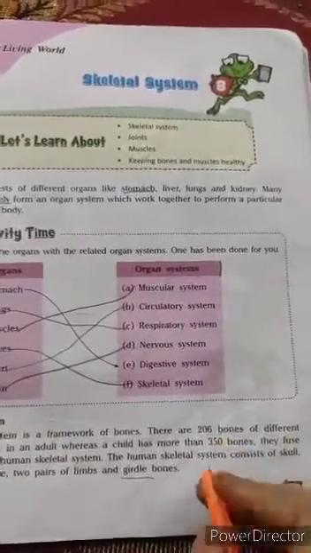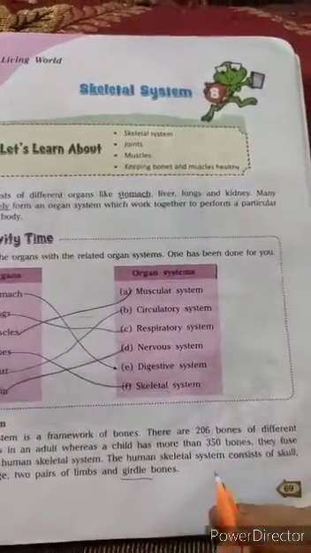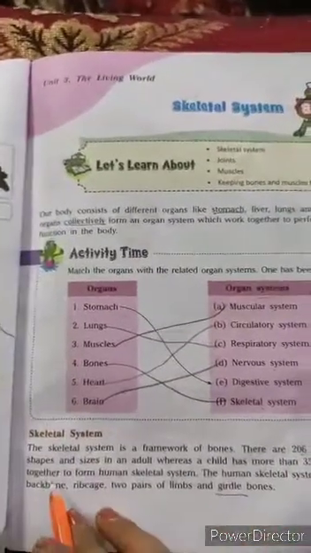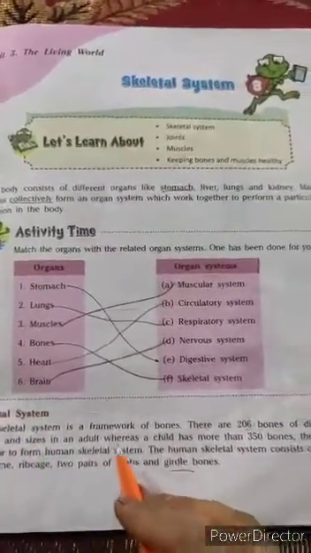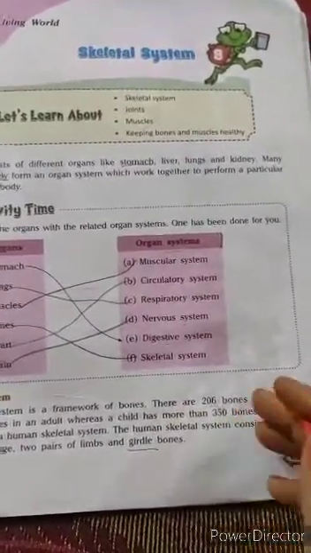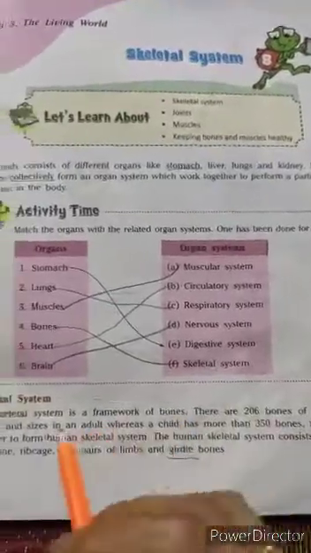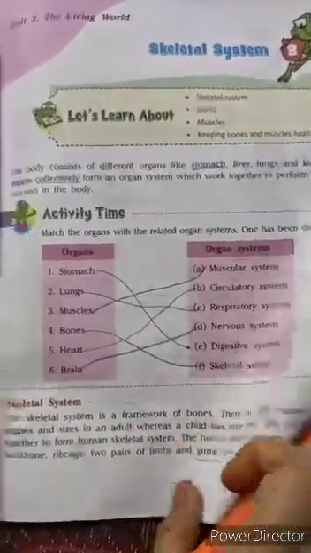But when the person was a child, the number of bones is 350. They fuse together to form the human skeletal system. These 350 bones join with each other, fuse and form a human skeletal system like this.